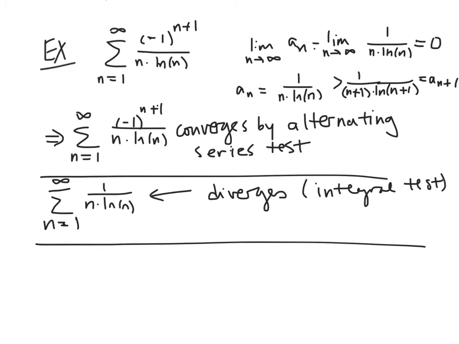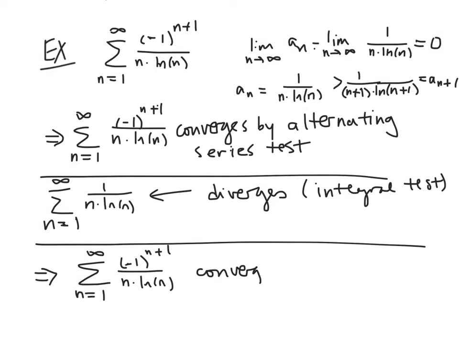So what this tells us is that our original series converges conditionally, because the series converges, but the series where you look at the absolute values diverges. Okay, I'm going to do one more example, and then we can continue.